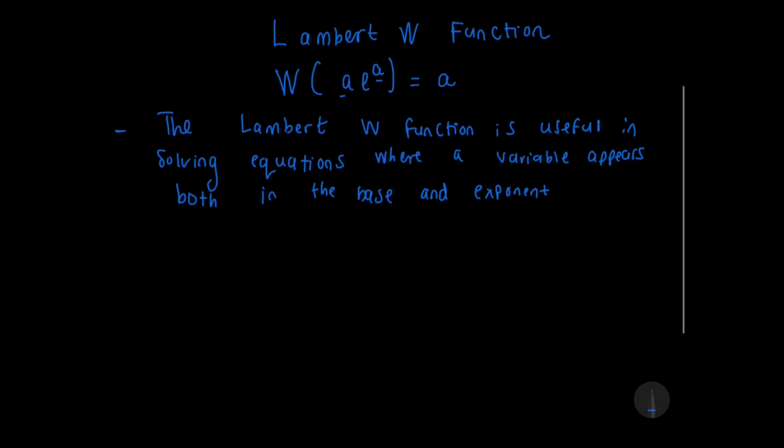Let me give you a few examples. If we have the Lambert function of 0, this is just 0. If we have the Lambert function of e, this is just 1. Why?